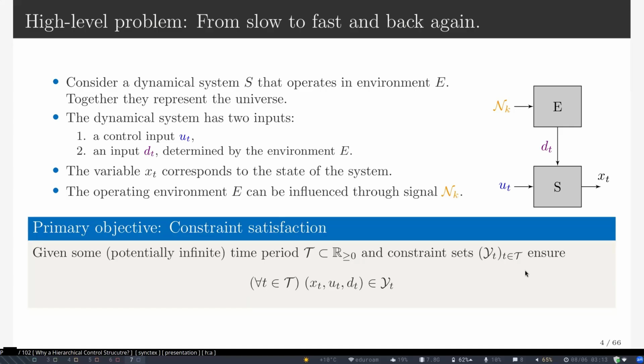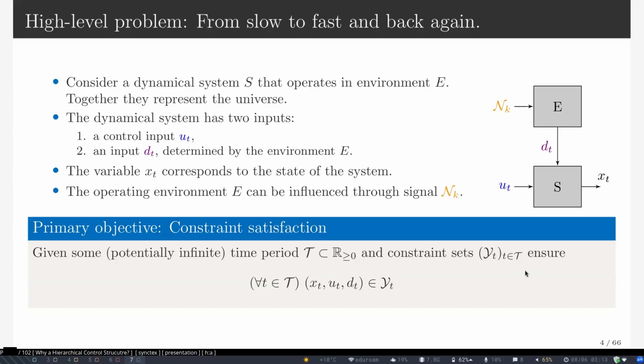And what it means is, given some potentially infinite time period T, now, let's not get into the meaning of time, but it's okay, and then some constraint set Y_T, I want my system for all that time in that interval T to operate to satisfy those conditions.